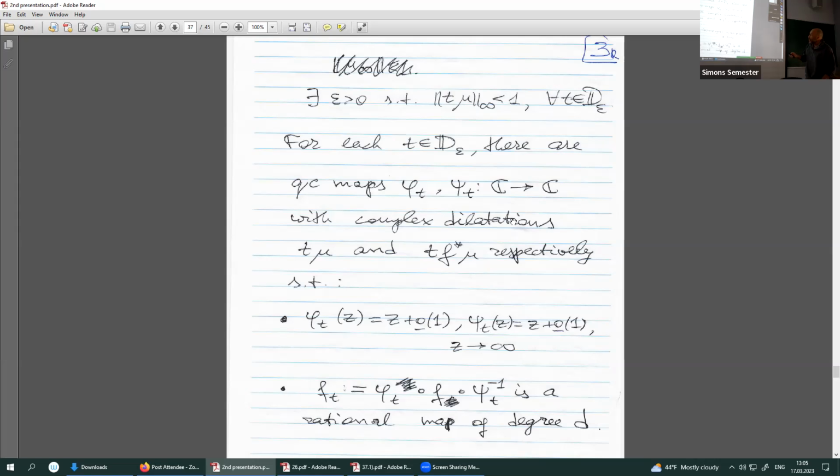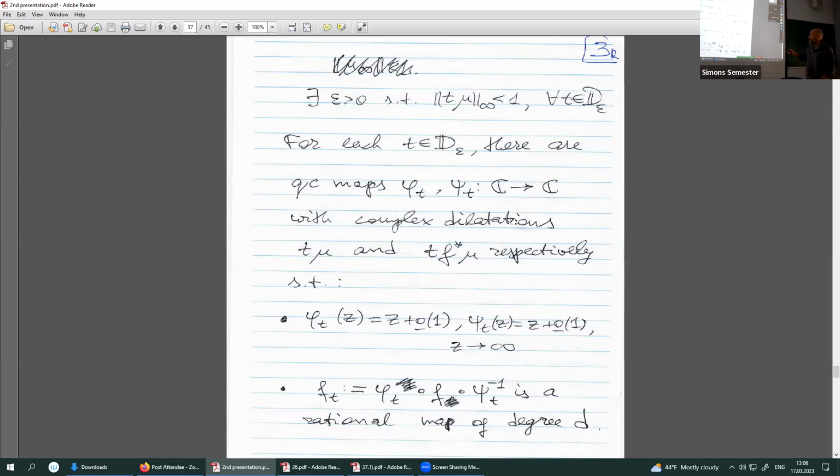But then mu has to be, not only for mu, but also for the pullback, chosen zero in the neighborhood of infinity and in the neighborhood of f of infinity. And then it's well known that if mu is in L infinity, then if t is small, then t mu is in the open unit ball of L infinity.